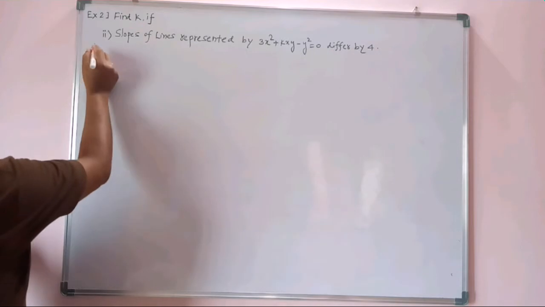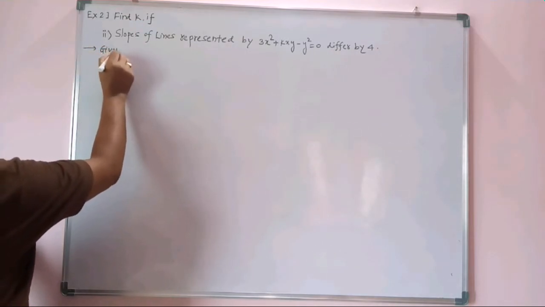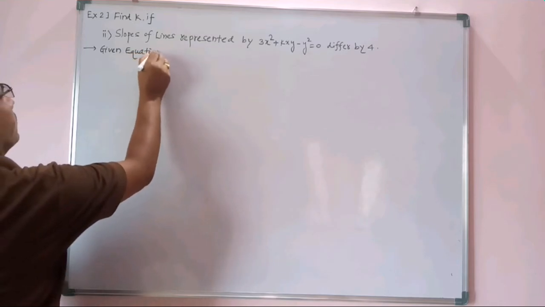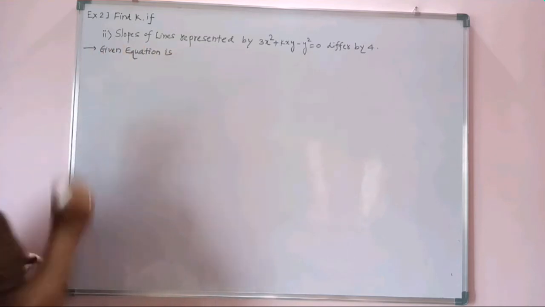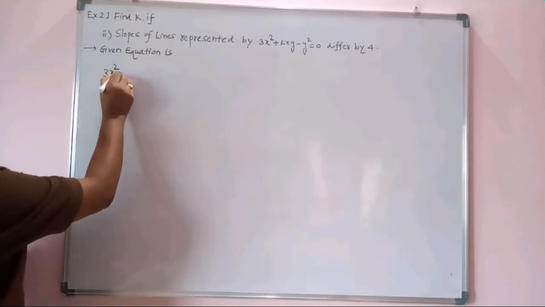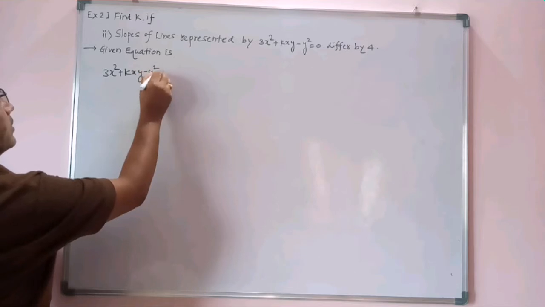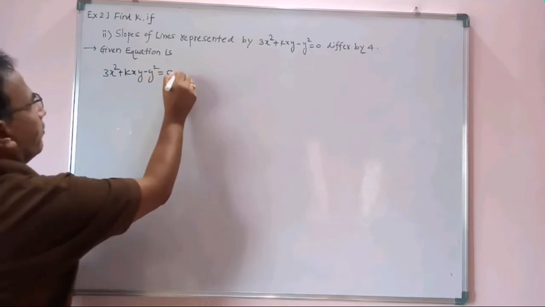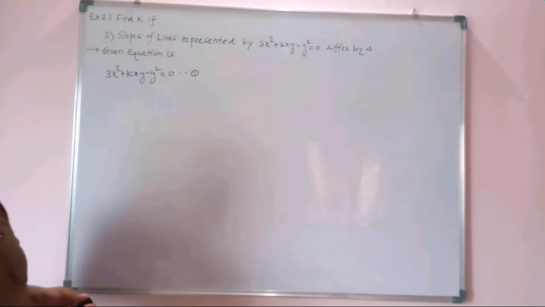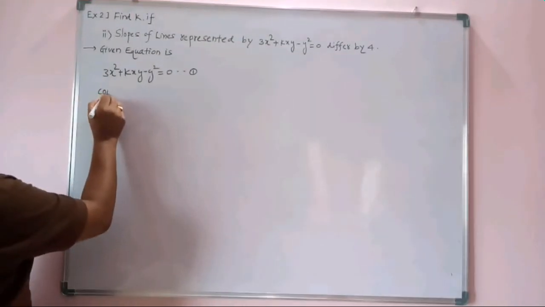Solution. The given equation is 3x square plus kxy minus y square equal to 0. This is equation first.